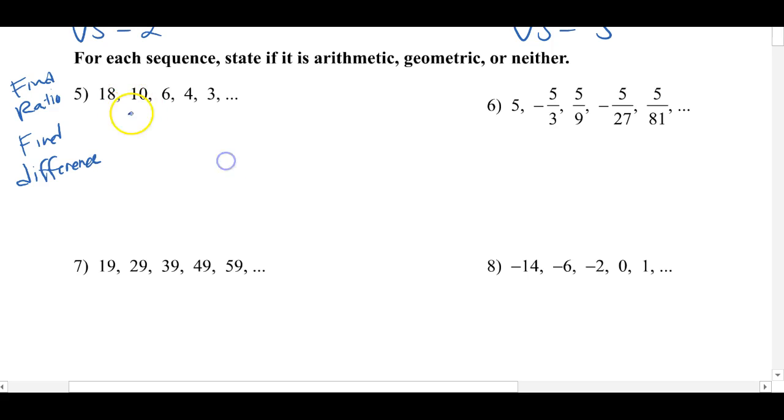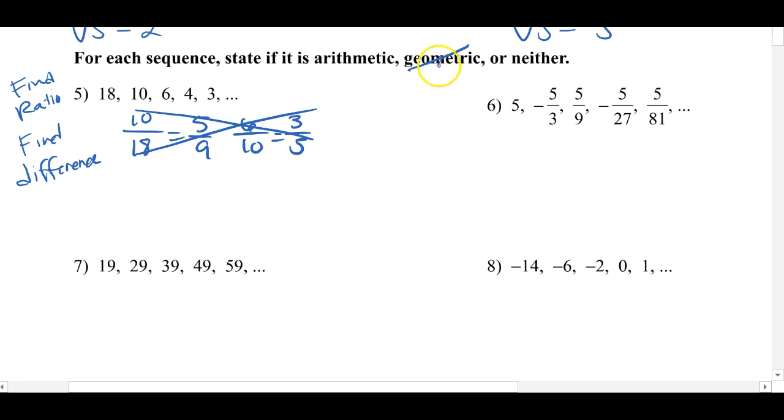So 10 over 18, that reduces down to 5 over 9. And then 6 over 10, that reduces down to 3 over 5. Well, right away I notice that's not constant, because it would be the same every time. Okay? So those aren't constant, so it's not a ratio, so meaning it's not geometric in this case.